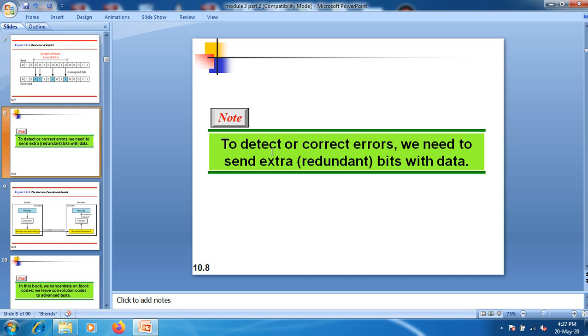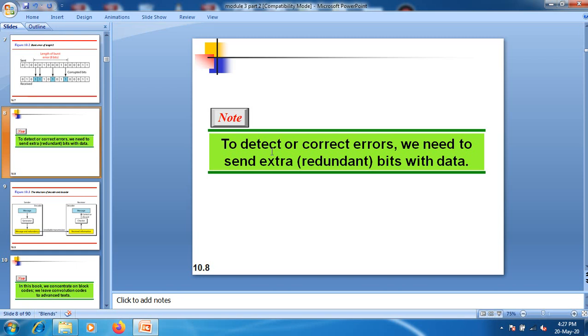We must know the exact position of the corrupt bit, as well as what the possibilities are. Suppose I send, for example, 8-bit information and a 1-bit error occurs.